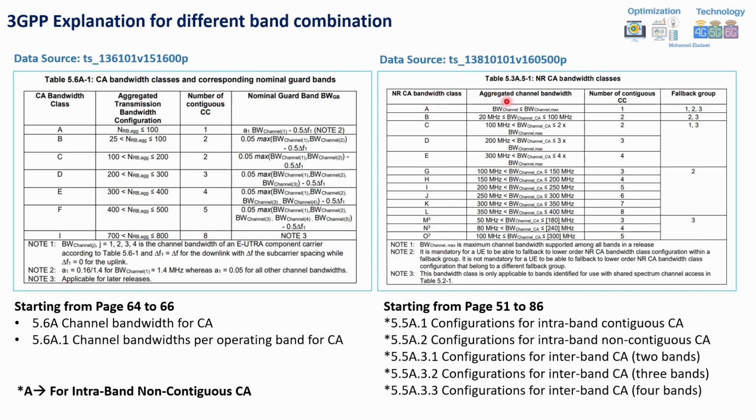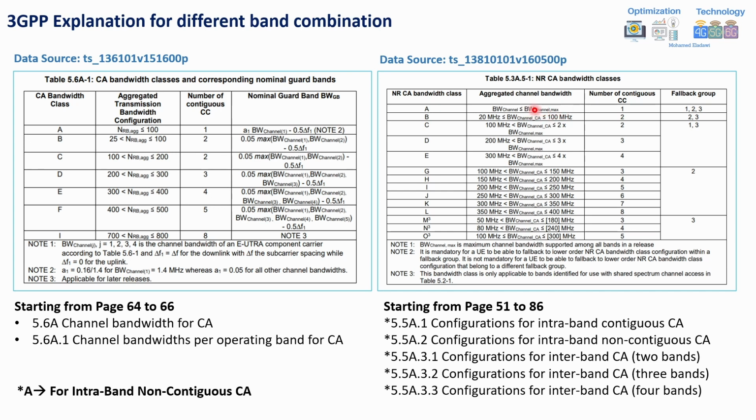And the table on the right is for the 5G NR. It's the same classification, the same explanation. For example, A is still one carrier, only one contiguous carrier. And here, instead of giving you the exact bandwidth, it's just saying that it is less than or equal to the maximum bandwidth of the channel.